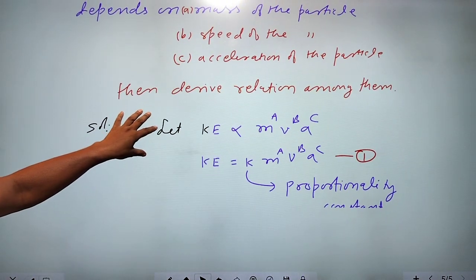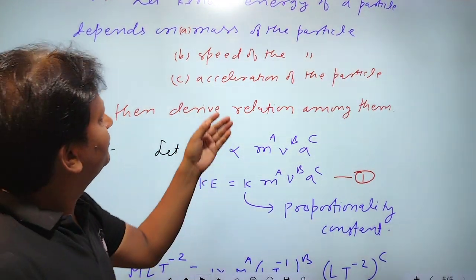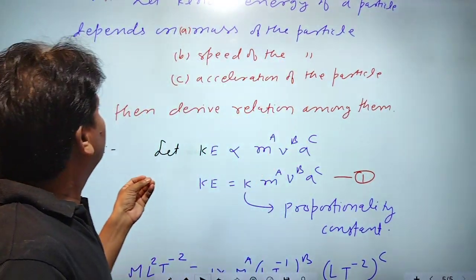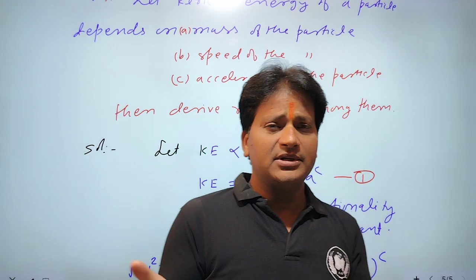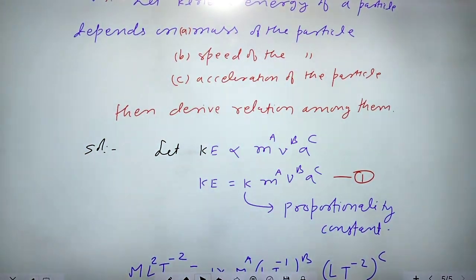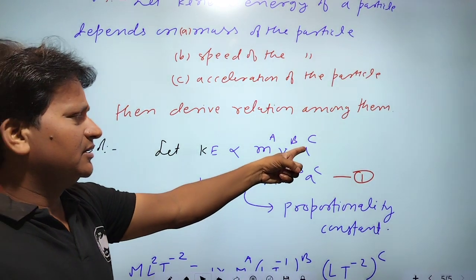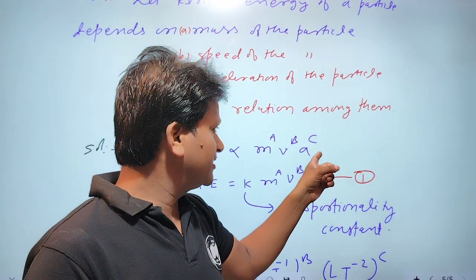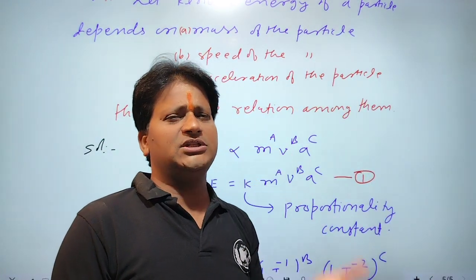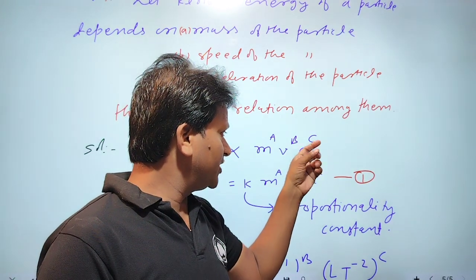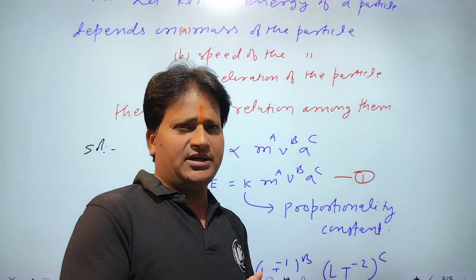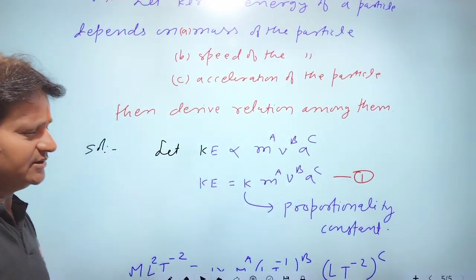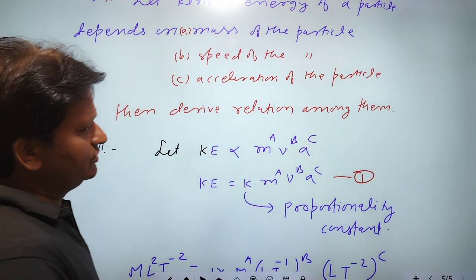You can see the dimensional method will prove that kinetic energy does not depend on acceleration. This means that the value of C will be equal to 0. If the power of any quantity is 0, then its value will be equal to unity.